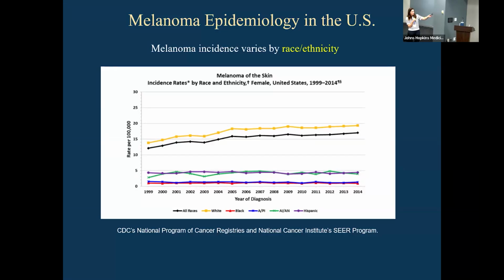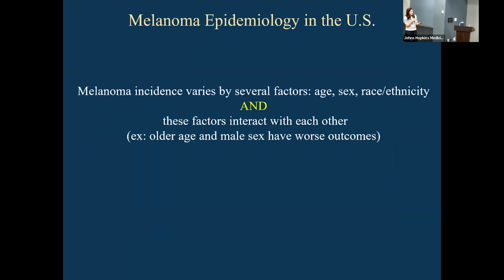The black line is all races combined, but if you look at the green and purple line, that's Asian Pacific Islanders and Alaska Natives, and then the red and the blue on the bottom are Blacks and Hispanic patients. And you can see that Caucasians have much higher incidence rate than other races. And this has been from 1999 till 2014. It's still the case. So this also helps us to understand who's getting melanoma.